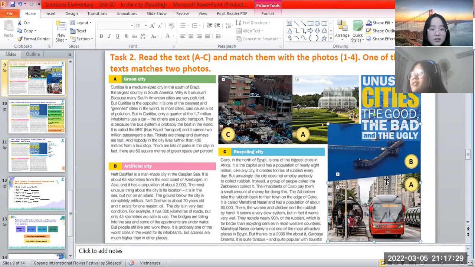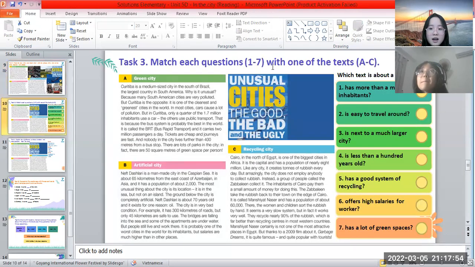So we can guess which picture talks about the transport. Okay, so this picture is paragraph A. So we have picture 1 is C, picture 2 is A, picture 3 is B, and the last picture is A. So these are the correct answers. And now we're going to move on to the next part.